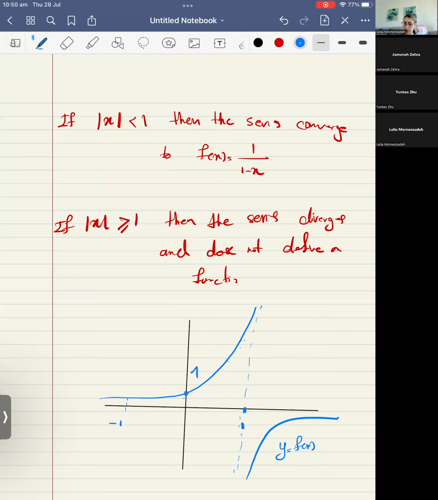Look at here. If the absolute value is less than 1, sorry, not equal, it means open at these two sides. Between these two, we can see the series converges.